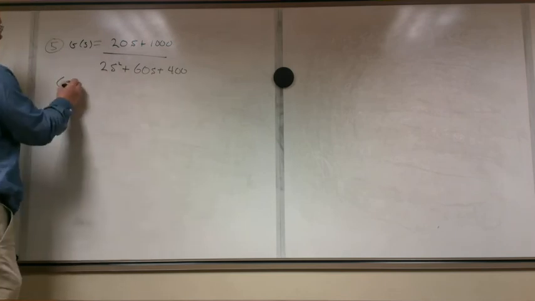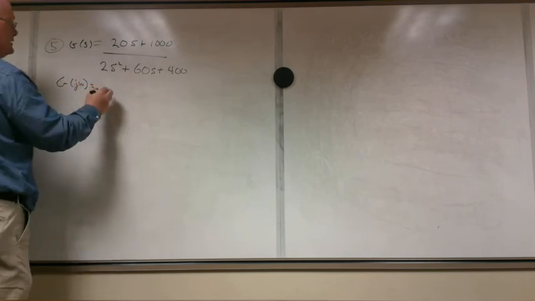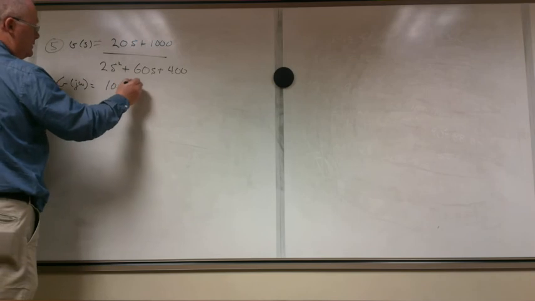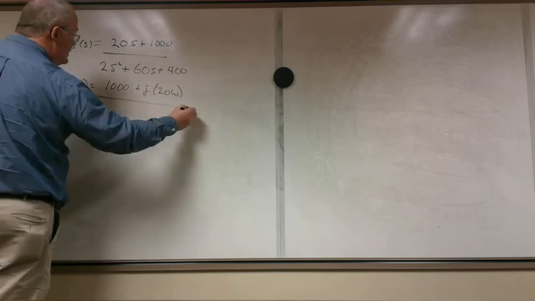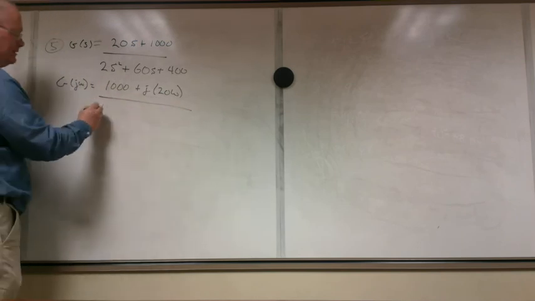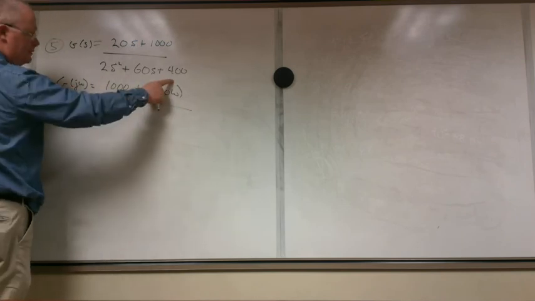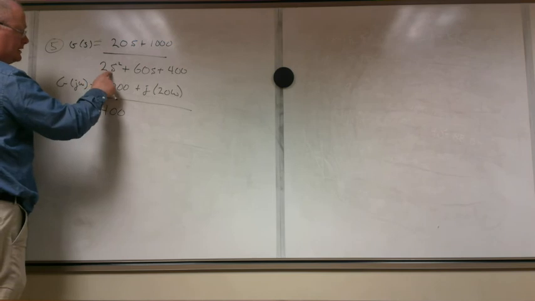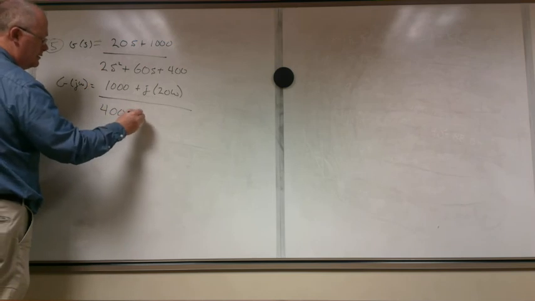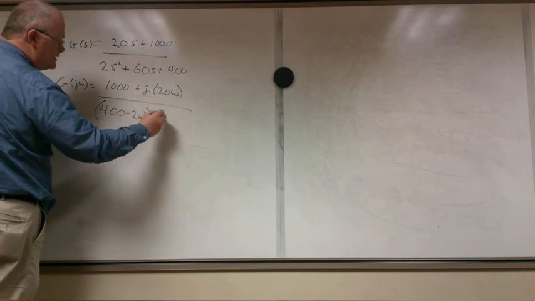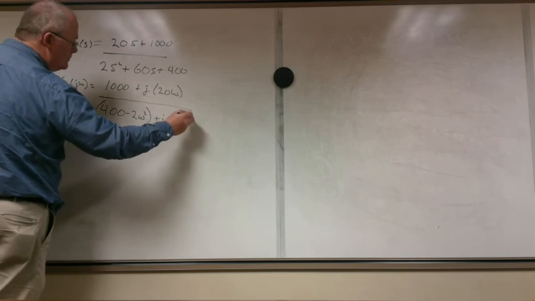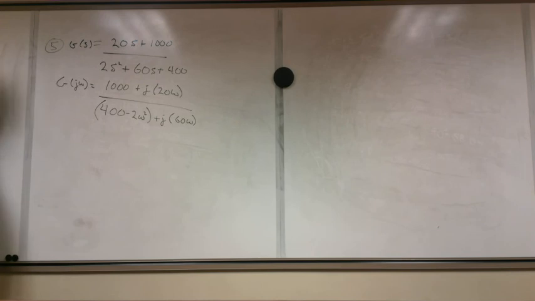So G(jω) is equal to 1,000 plus j times 20ω divided by, and let's be careful here, the real part, 400 minus 2 times ω squared, plus j times 60ω. That is the expression for G(jω).